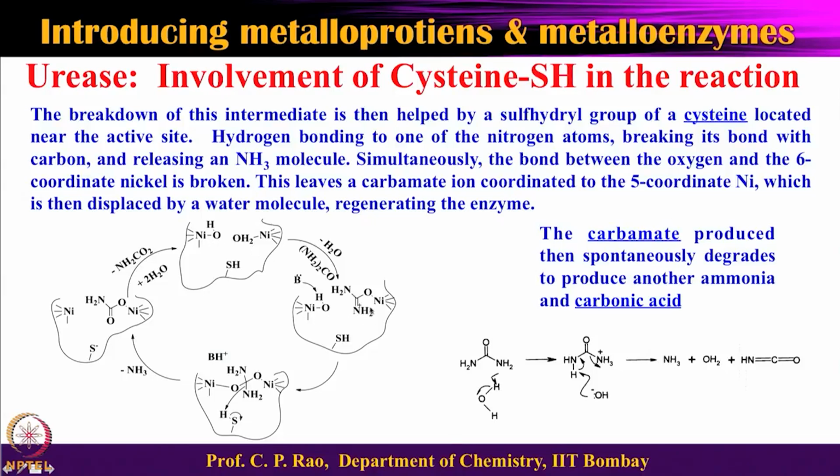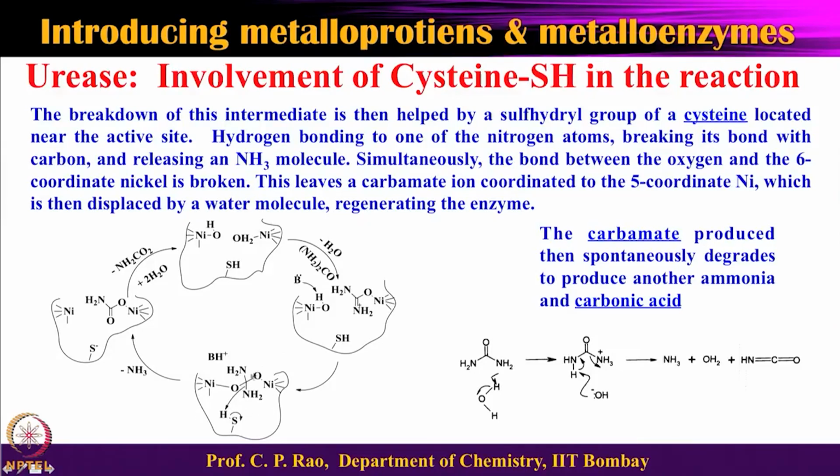At one nickel center you have urea bound, and at the other nickel center the water can be deprotonated by a nearby base, most of the time a carboxylate base, which could be aspartic or glutamic acid, which takes away the proton, and then you have a hydroxyl moiety. And this is associated with an SH moiety close by, and this is precisely why two different kinds of mechanisms have been proposed.